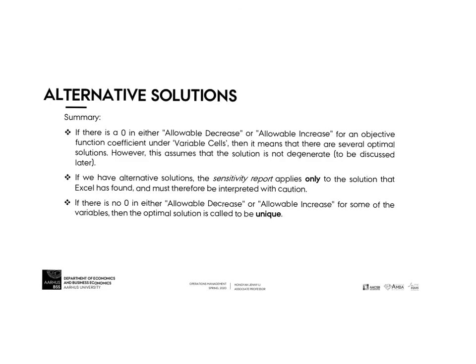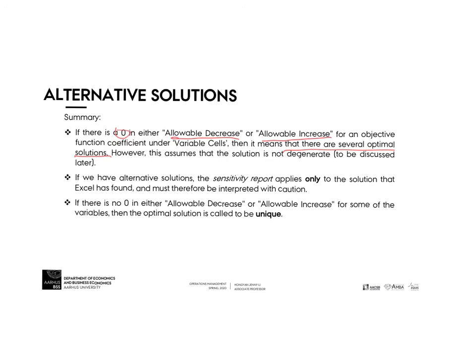So for alternative solutions, we try to summarize the general insights. First, if there is 0 in the allowable decrease or allowable increase for objective function coefficients, that means you may have several optimal solutions. It's called alternative solutions.